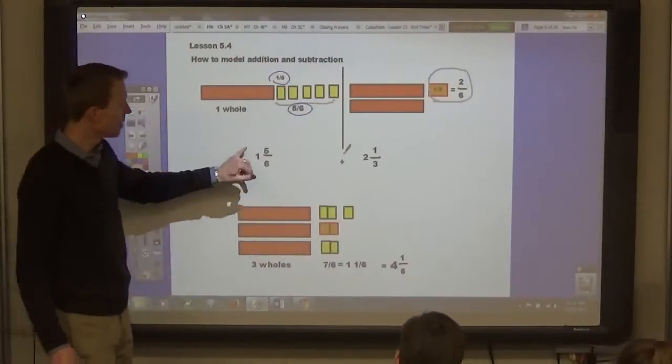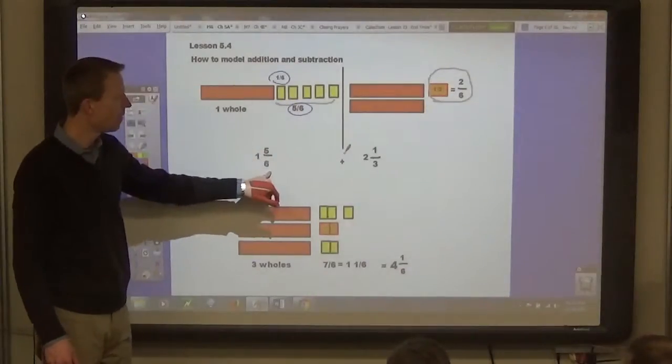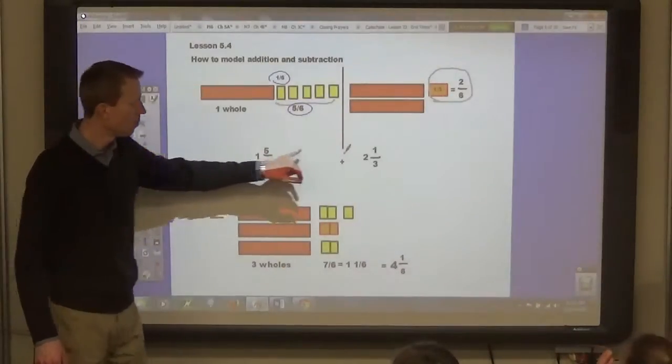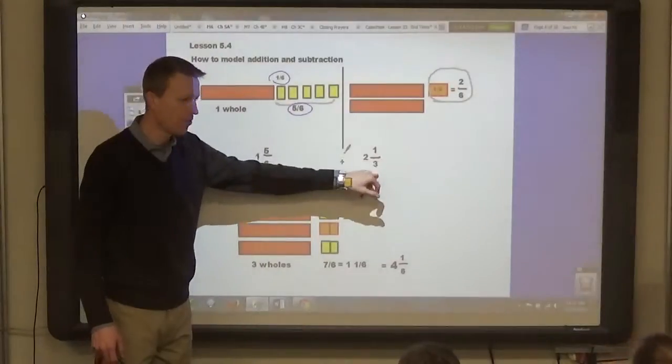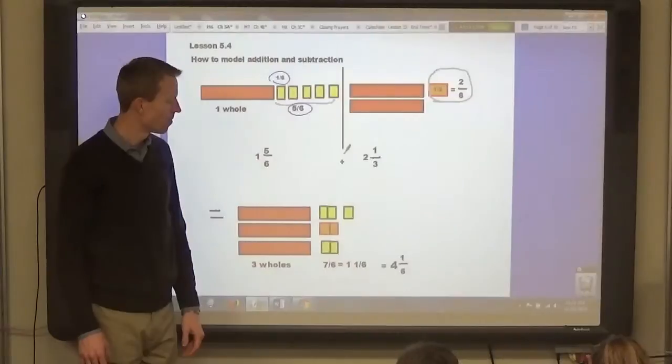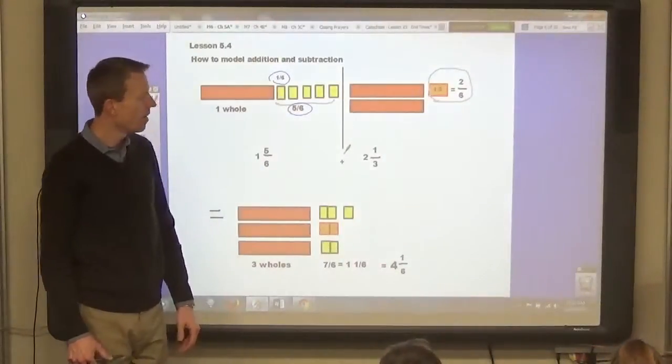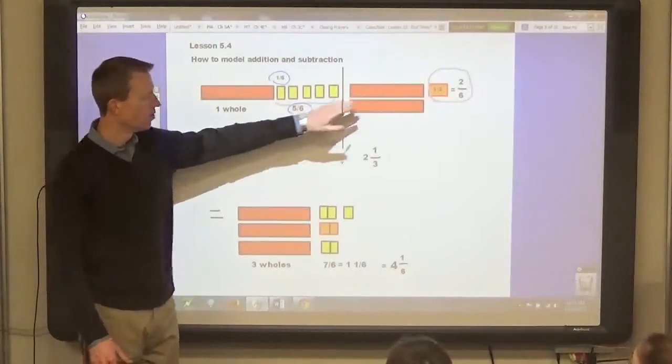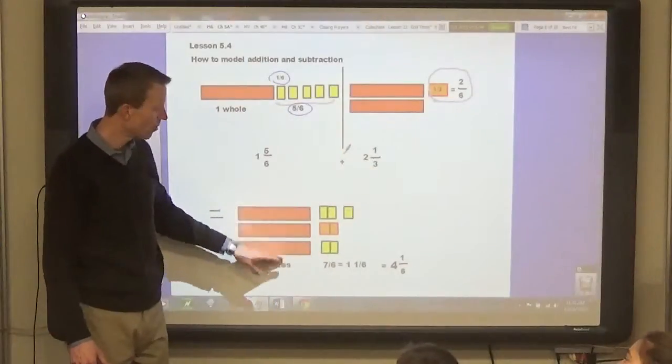And then that represents the problem 1 and 5/6 plus 2 and 1/3. And when we put these together, you can count up the wholes, 1, 2, 3.